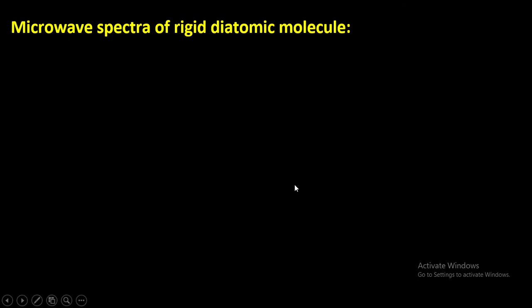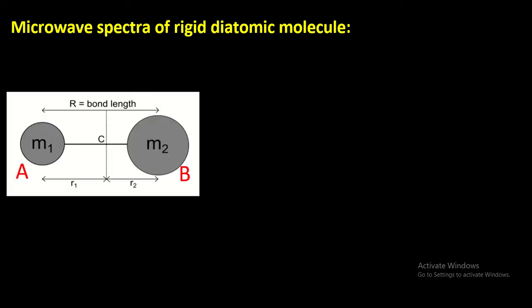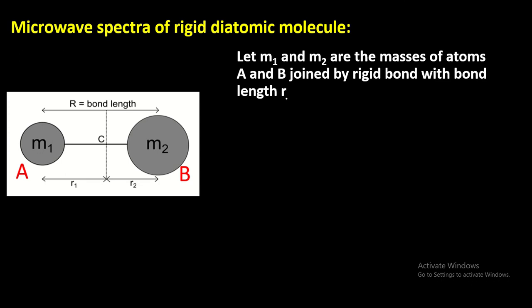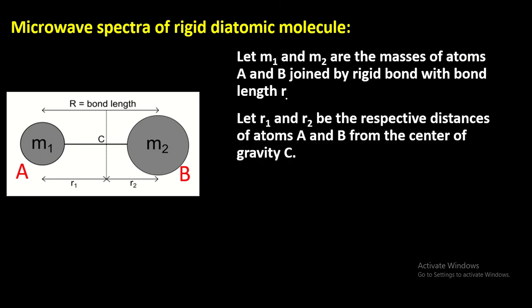Now, focus on the energy levels in the microwave spectroscopy of diatomic molecules. A diatomic molecule means a molecule containing two atoms, A and B. M1 and M2 are the masses of atoms A and B joined by a rigid bond with bond length R. R1 and R2 are the respective distances of atoms A and B from the center of gravity C. Therefore, R equals R1 plus R2.